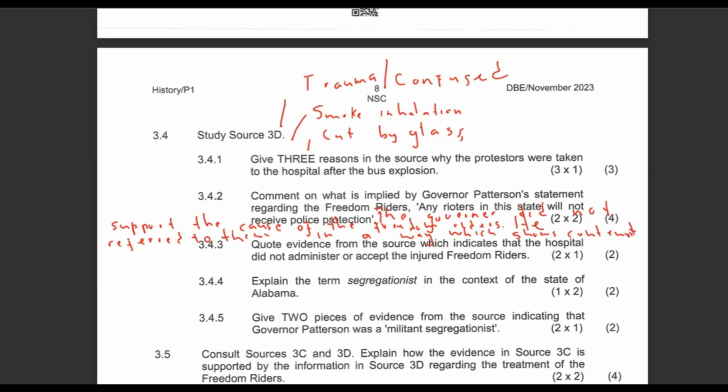Quote evidence from the source which indicates that the hospital did not assist the injured patients.